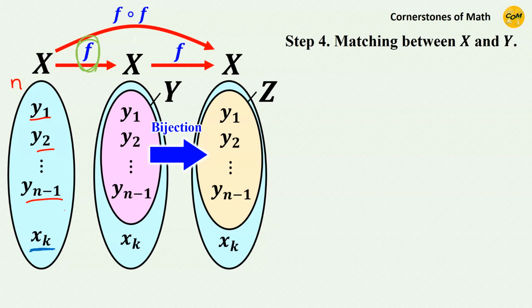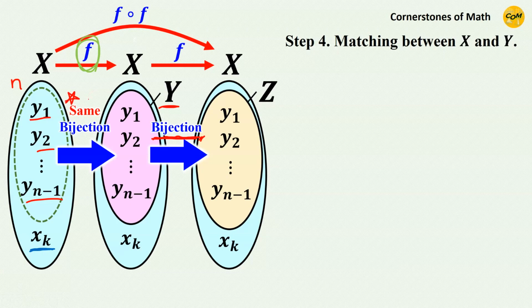This part is actually simpler than the previous problem, because now we have established that these n minus 1 elements have the one-to-one correspondence, or bijection, property, so they have no other choice but to be related with the same y1, y2, up to y(n minus 1) in this middle y by the same bijection as in the second f from y to z. Therefore, we only need to consider the value of the function of this leftover element xk, and since f of xk also must be one of the elements from y, there are n minus 1 possible values for f of xk.